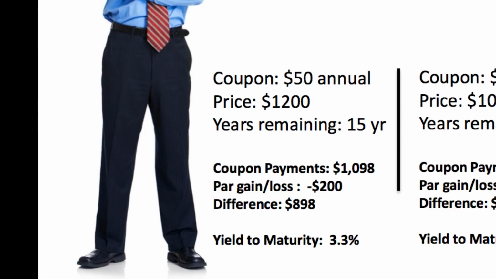So that $200 comes right off the top of his coupon payments for a difference of $898. So if he buys this bond at that price and holds it clear to maturity, he's going to make $898. So as we look to the yield to maturity, that yield would actually be 3.3% for that purchase price, which is significantly lower than the 5% coupon that you might think when you look at it from a simple interest and coupon yield perspective.